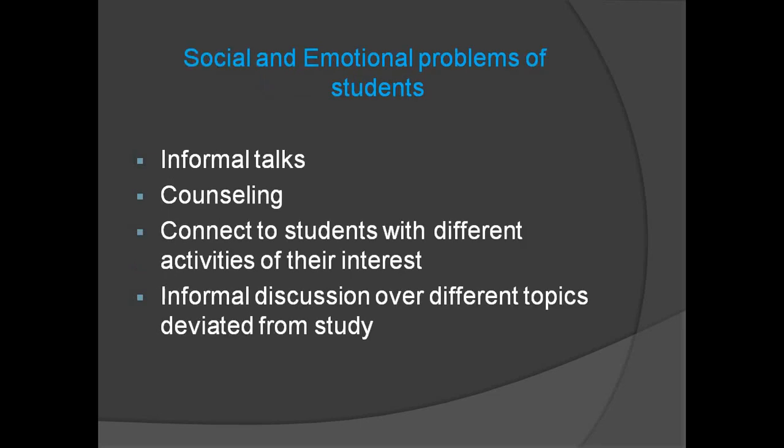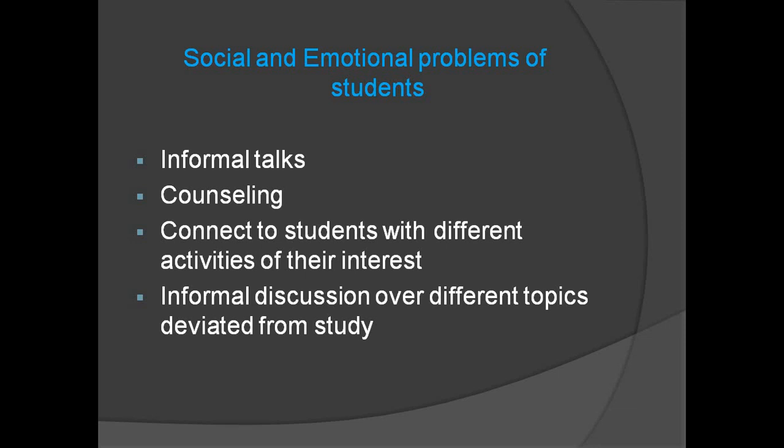What do we need to do in those cases? Along with the extrinsic motivation, we need to address social and emotional problems of students. How can we do that? We can do that through informal talks. We can talk with students about anything. We need not be a teacher every time. We can be their friend, or we can counsel the students to go deeper into what is hurting them, what is troubling them, due to which they are showing these kinds of negative emotions.